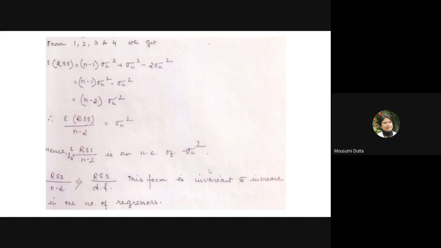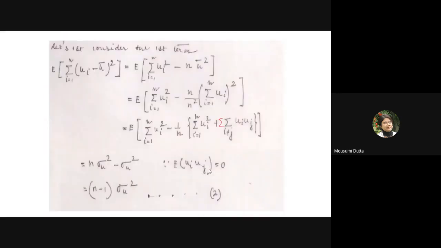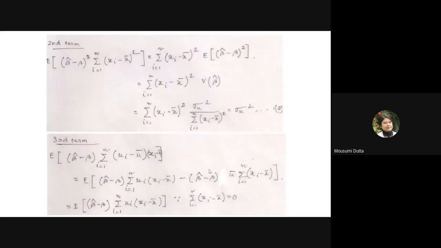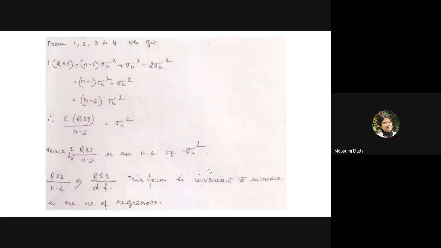If we plug the values into equation number 1, expectation of RSS is equal to (n minus 1) sigma u square. If you look at equation number 1, it is (n minus 1) sigma u square. Equation number 2 is also (n minus 1) sigma u square. Then the second term is simply sigma u square.